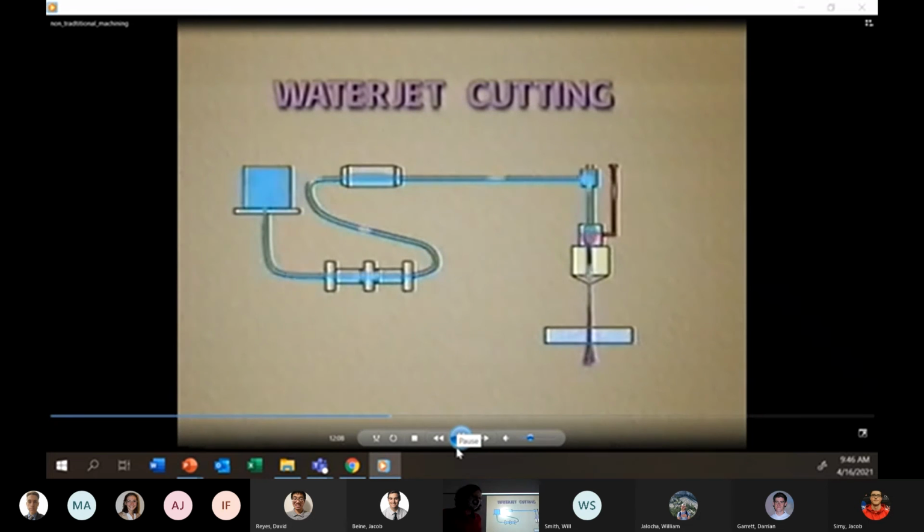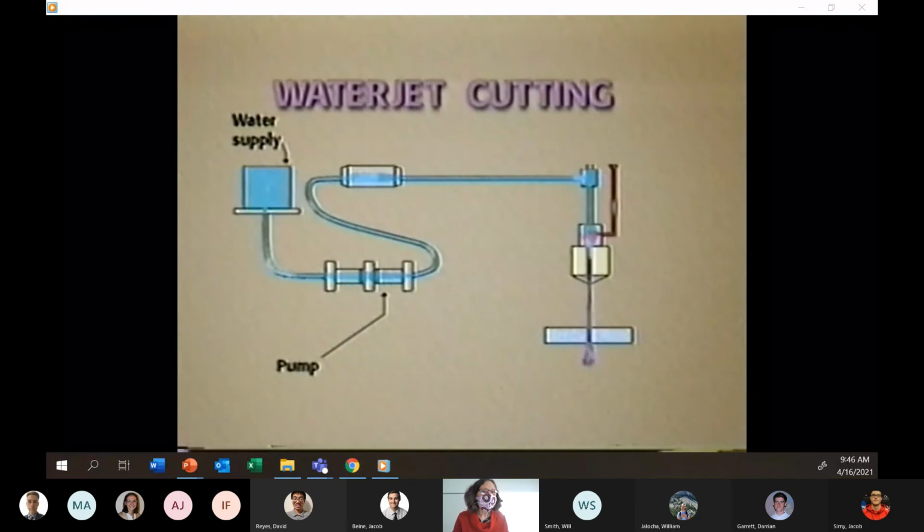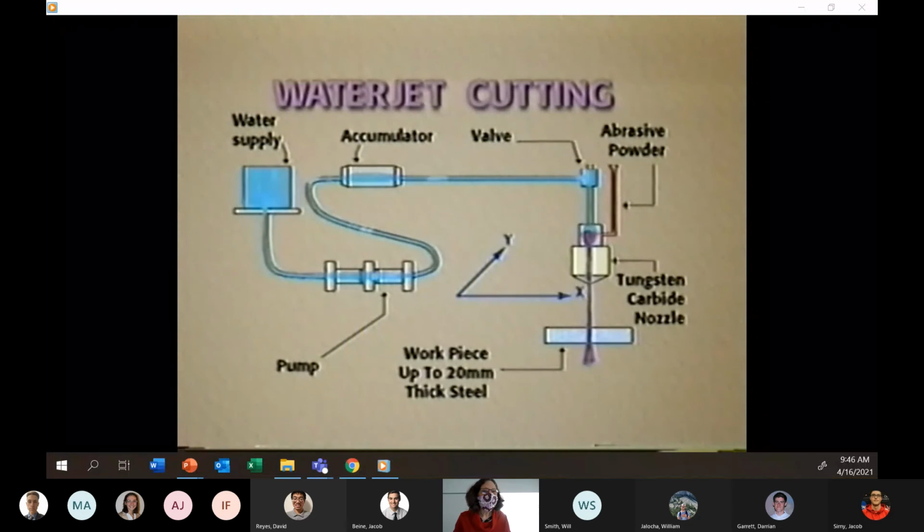Water jet cutting is ideally suited for cutting materials that are fragile, difficult to cut, or are affected by heat. The feed water for the water jet is filtered to remove particles down to 1 micron in size, as these may damage the pump. The accumulator smooths out fluctuations in water pressure and also acts as a safety device.